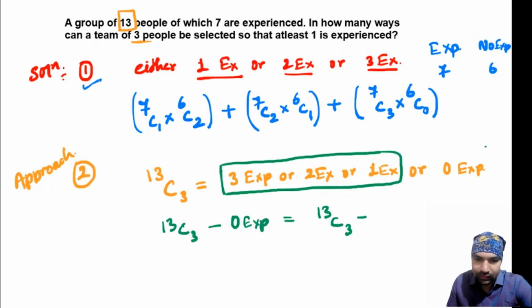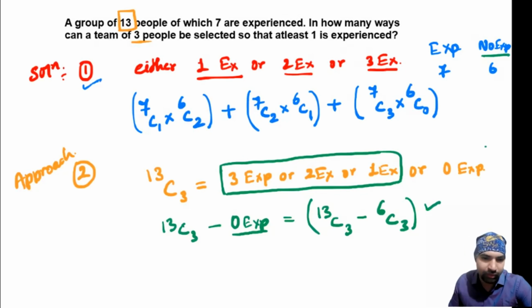That means 6C3, right? All 3 are taken from non-experienced, which is what 0 experience stands for. The non-experienced are 6 people, so 6C3. From the total, I've subtracted this. So this is also one approach.